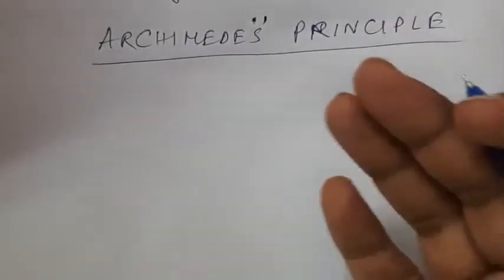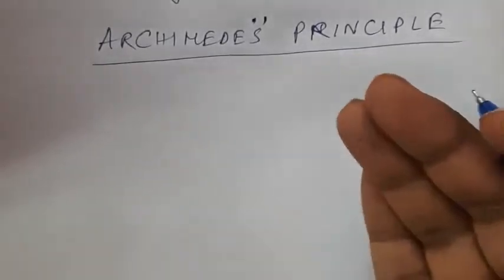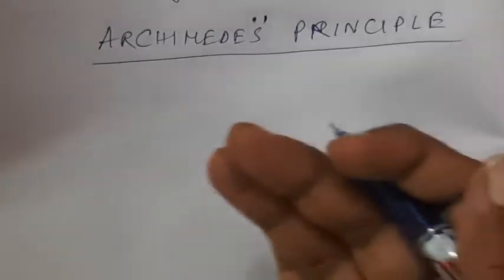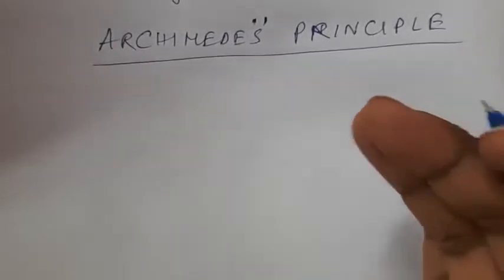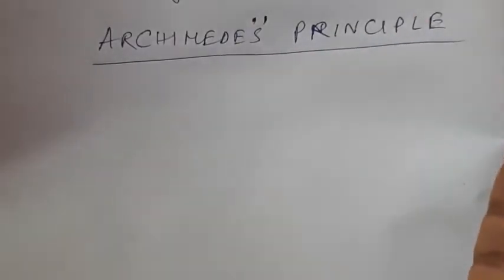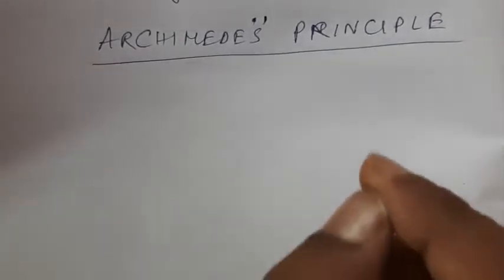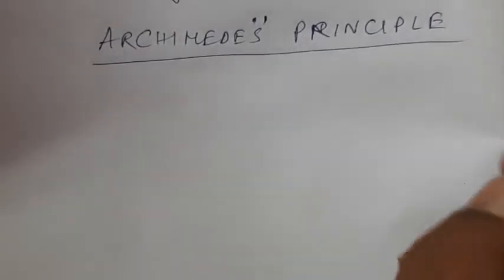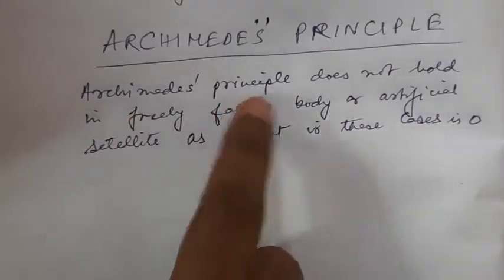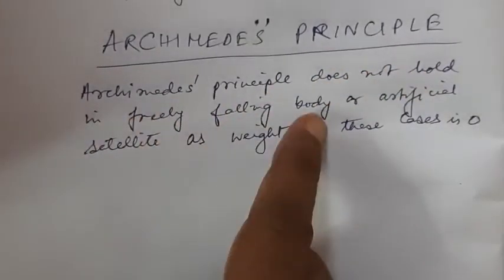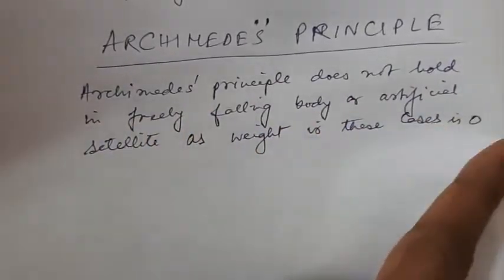If we move out, the value of g decreases, and in space where there is no g, it will be a weightless condition. So the statement goes as: Archimedes principle does not hold in a freely falling body or artificial satellite, as weight in these cases is zero.